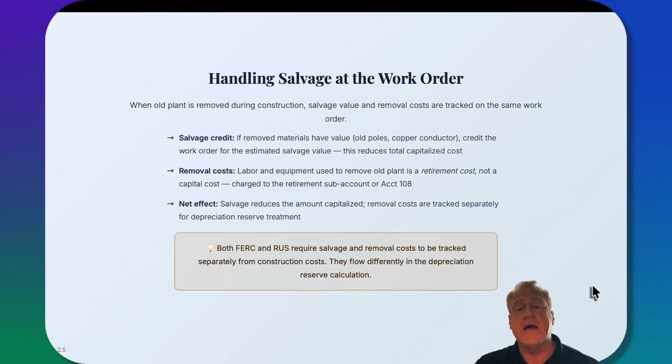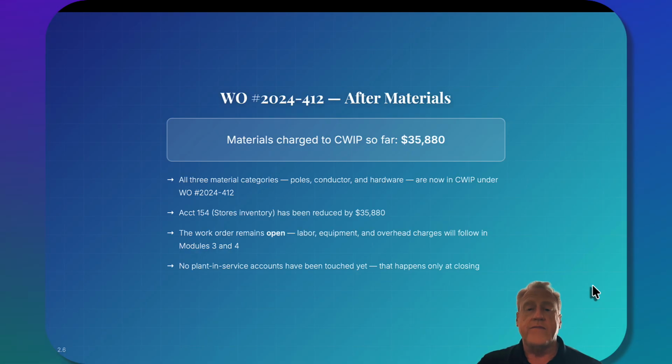Although I will say that in many utilities, there is no distinction between cost of removal and cost of addition. But if you're strictly following RUS and FERC, you would record removal cost, and we would charge that to the retirement sub-account, account 108, or directly to an expense. That is the best practice for that.